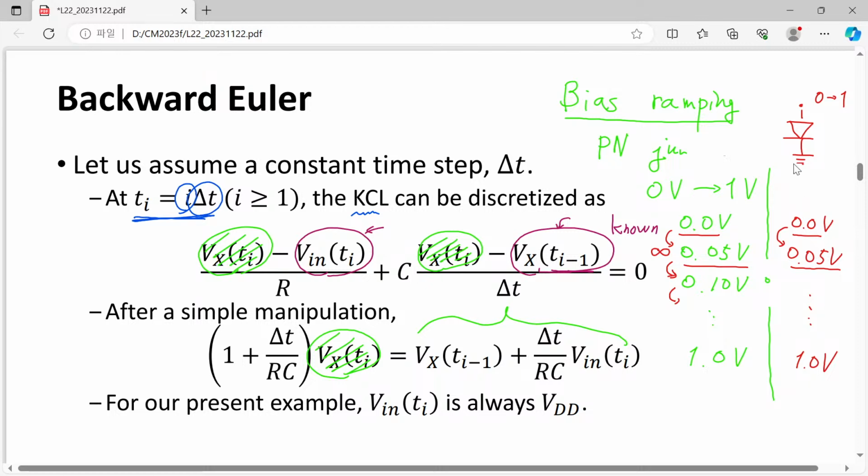Of course, if this time difference is quite long, if delta t goes to infinity, then our transient simulation result will follow that of the conventional DC bias ramping simulation. However, if we have reasonably short time differences, then that will make a huge difference in your calculation result.